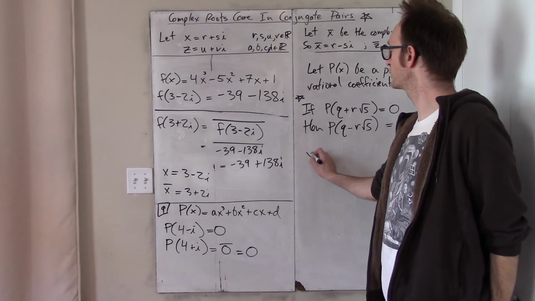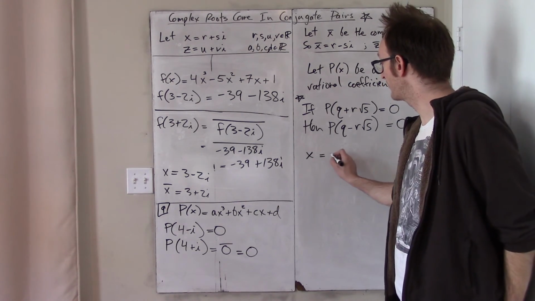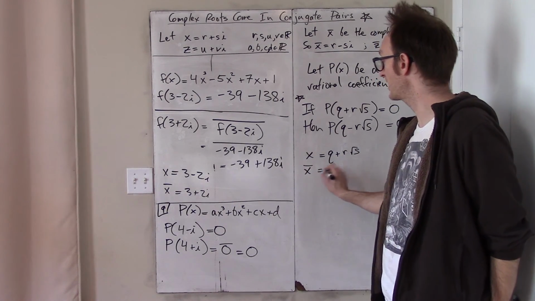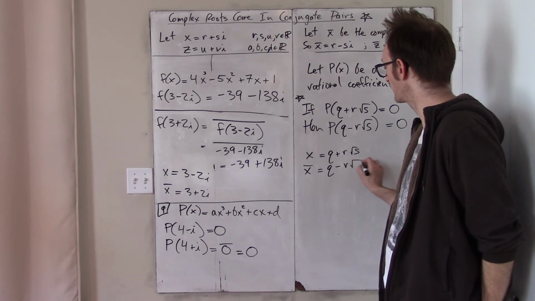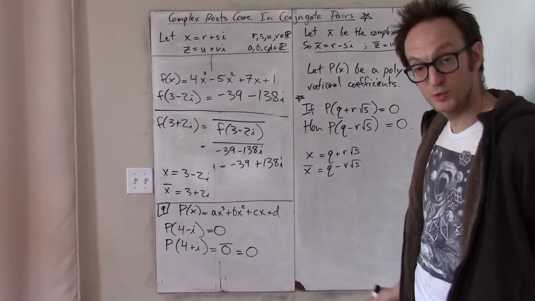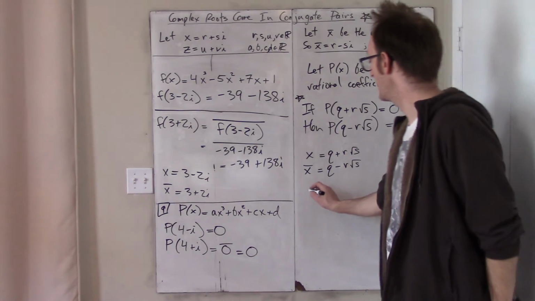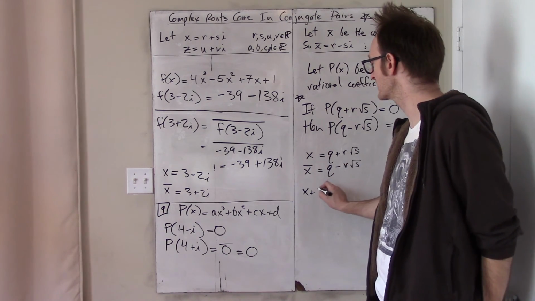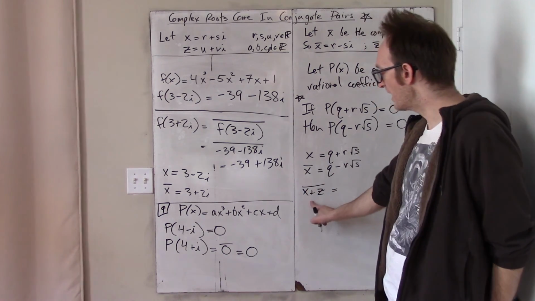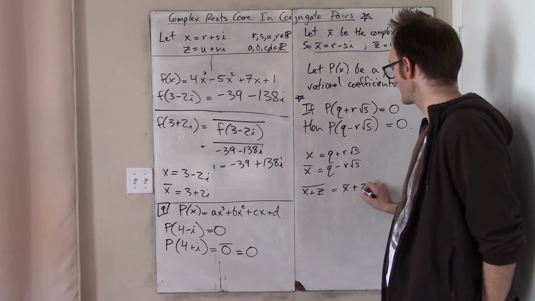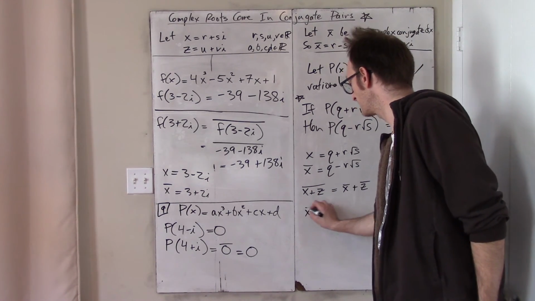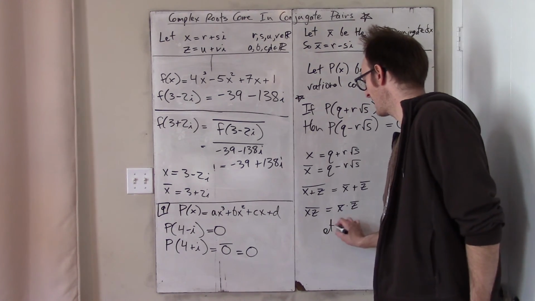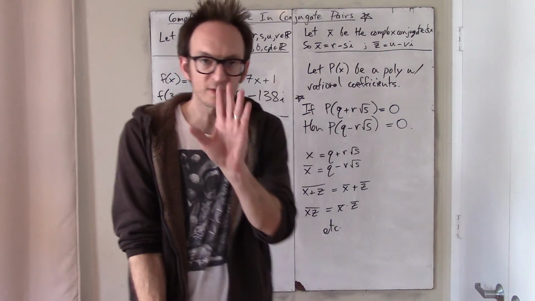Basically you just do the exact same thing. You take a generic number of the form q plus r root s, and you define the conjugate of that number to be q minus r root s. Then you show methodically that for generic numbers of this form with the same root s, the conjugate of the sum is the sum of the conjugates, and the conjugate of the product is the product of the conjugates, etc. By reconstructing all the logic, there's a couple of details to work out.